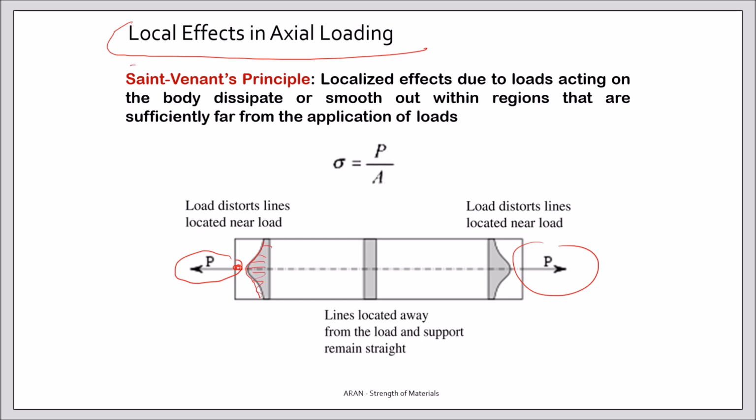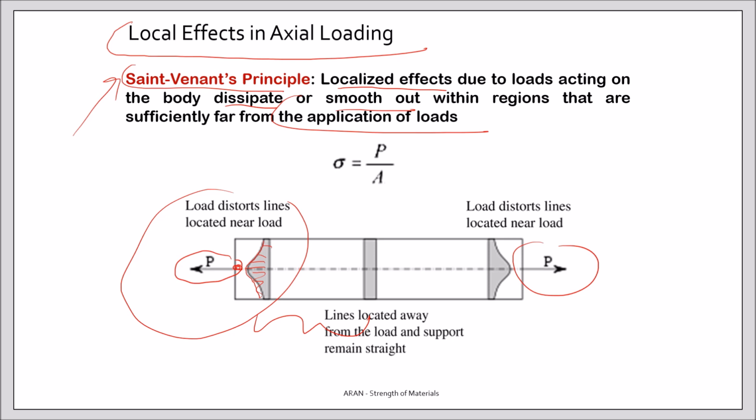But Saint-Venant says that these localized effects due to the loads acting on the body dissipate or smooth out when you are sufficiently far away from the application of the loads. Near the loads, we have to consider the local effects, but if you are far away from the action of the loads, these localized effects will smooth out.